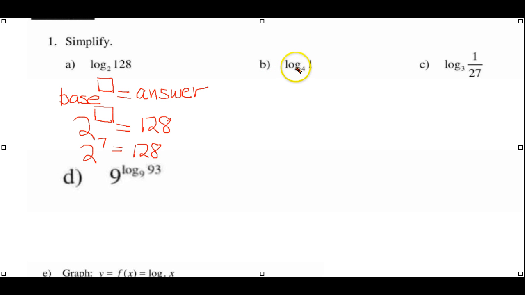All right, let's do this one here. So again, this little tool might be helpful. Your base is 4. We're wondering what exponent do you raise the base 4 to so that it equals 1. Well, this one's a little tricky.